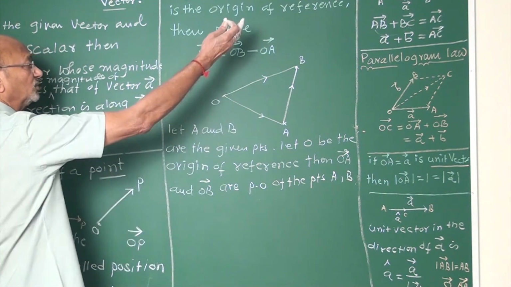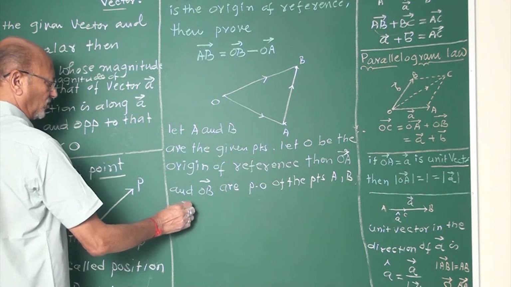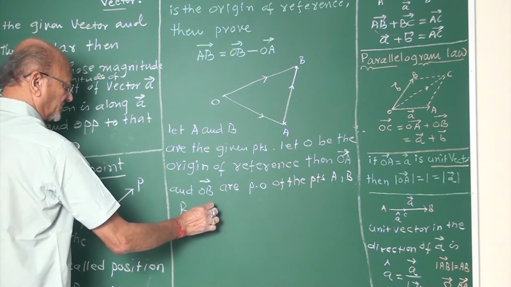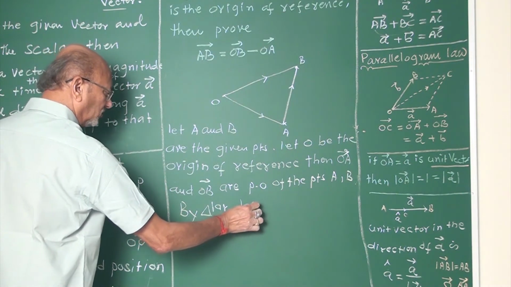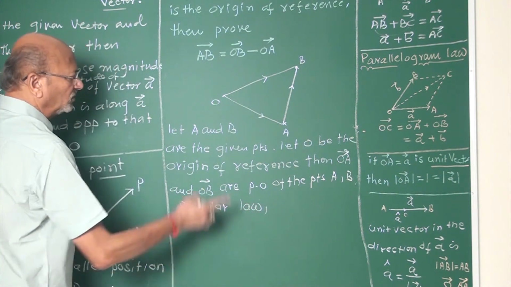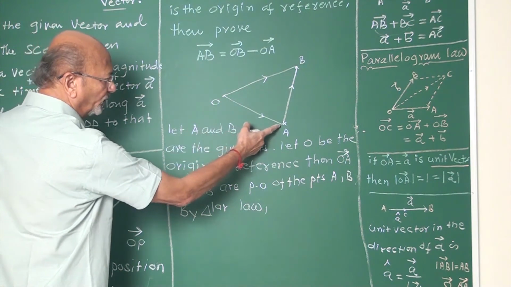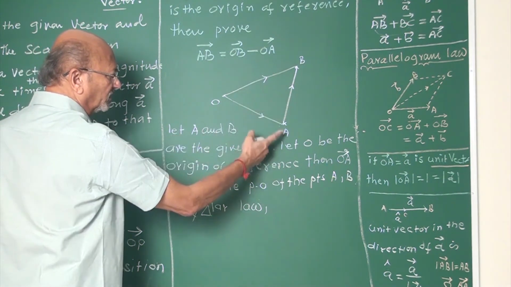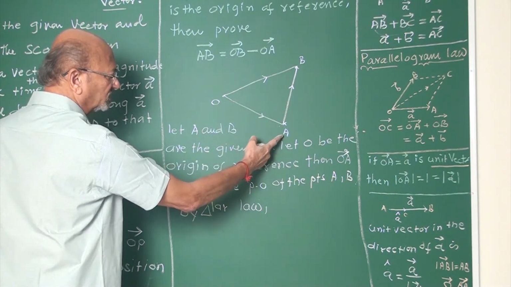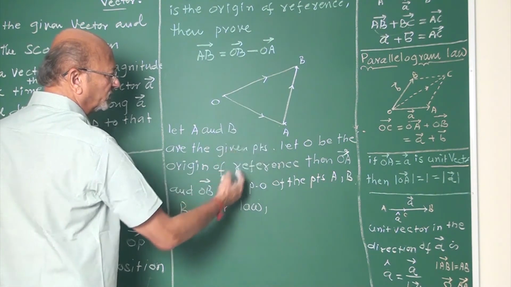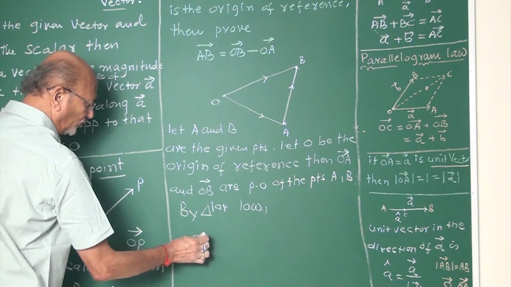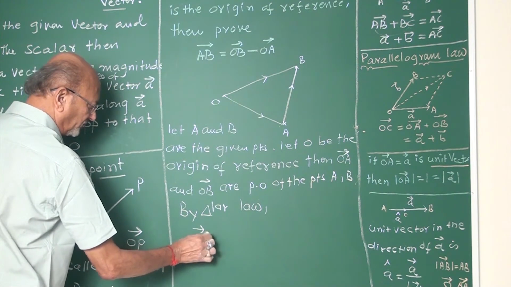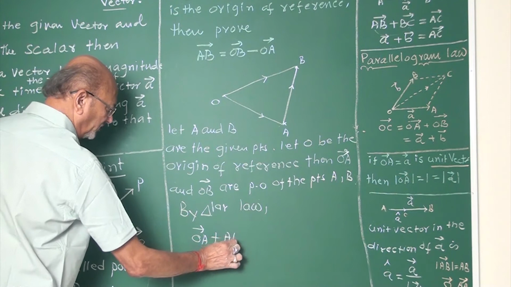Again, the useful tool is the triangular law. By the triangular law of addition, we have vector OA plus vector AB.